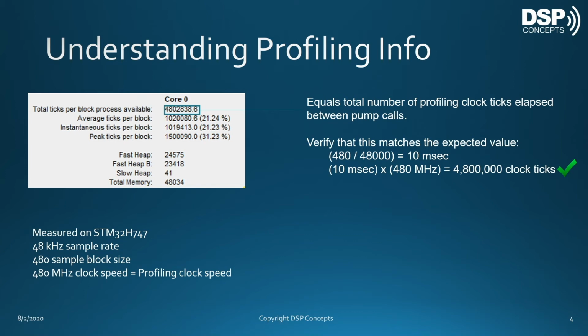The processor speed is 480 megahertz. So in a 10 millisecond time interval, there are 4.8 million clock ticks. And so the number that you see on top should be very close to 4.8 million, and indeed it is, 4.02 million clock cycles.